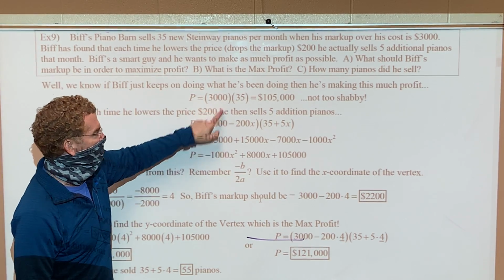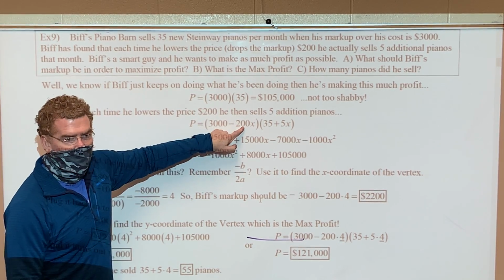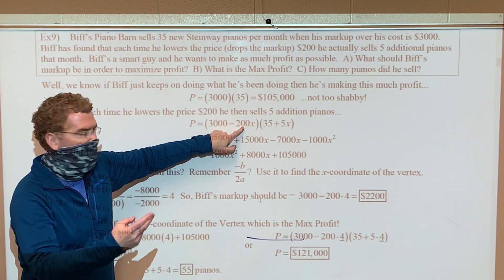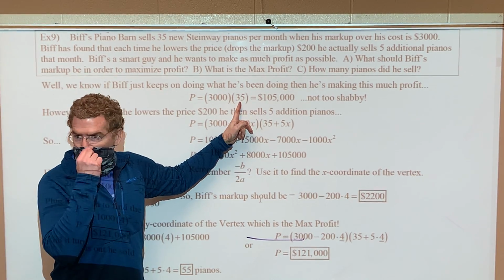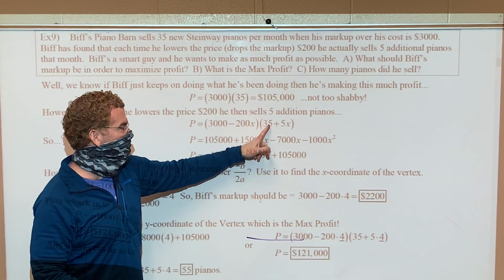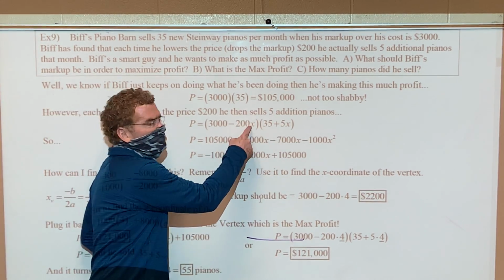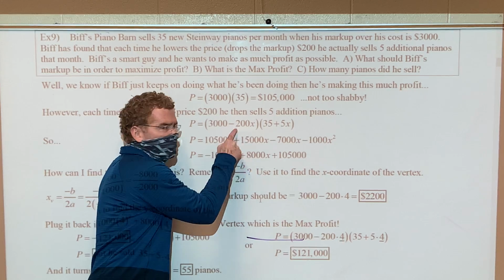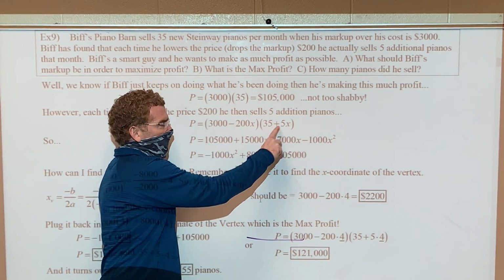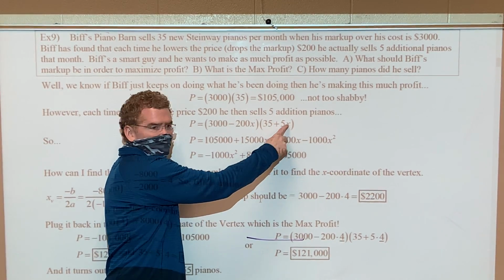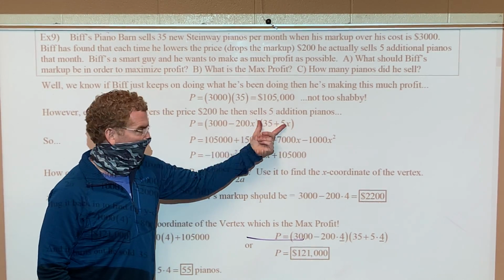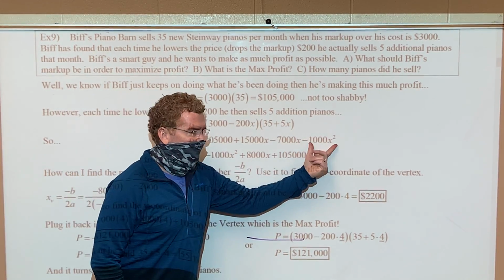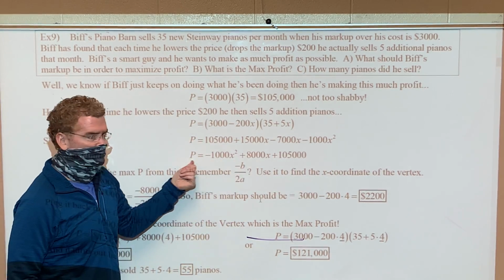Every time I drop that by 200, and because I could drop it more than once or twice, I say 200x, I'm going to increase what? The number of pianos by 5. So for each x I drop 200, I'm going to raise that by 5. That times that, when I FOIL it out and simplify, gives me a what?